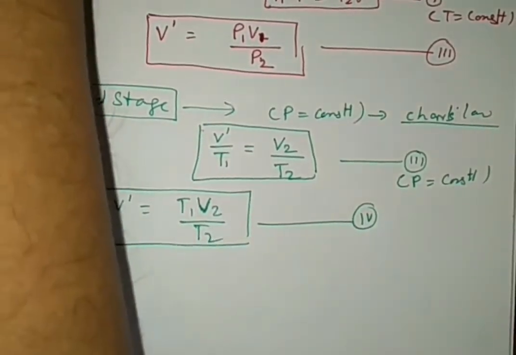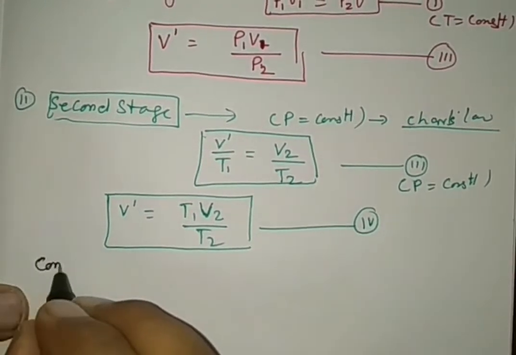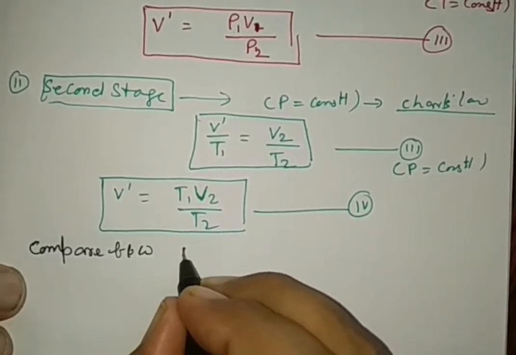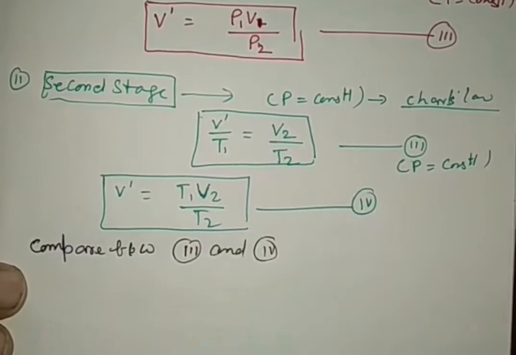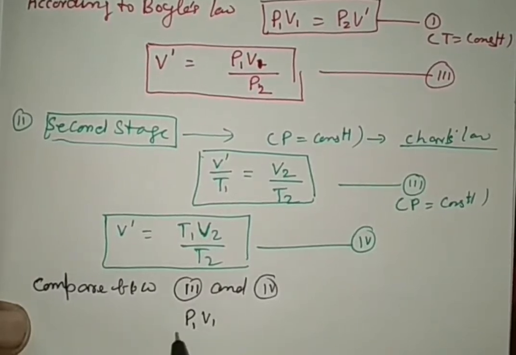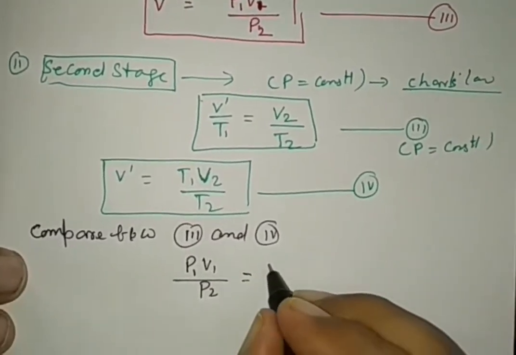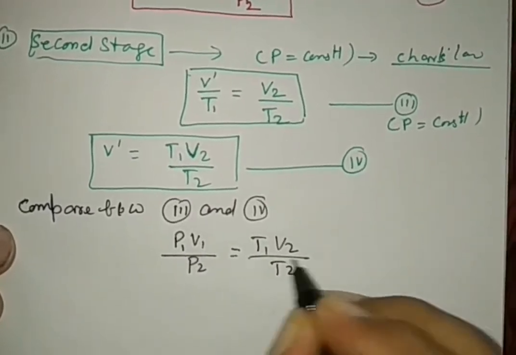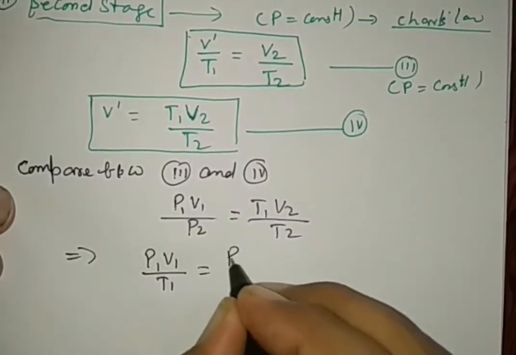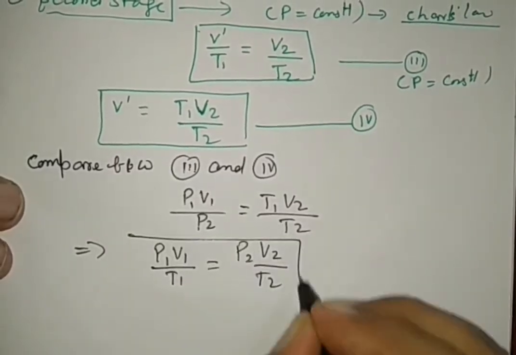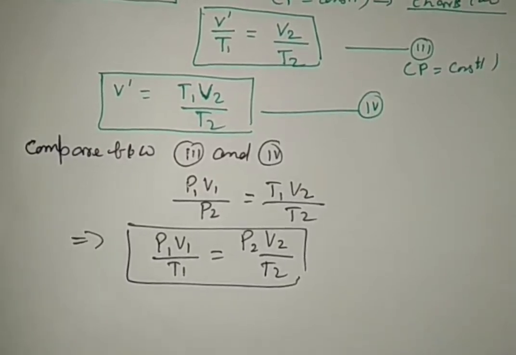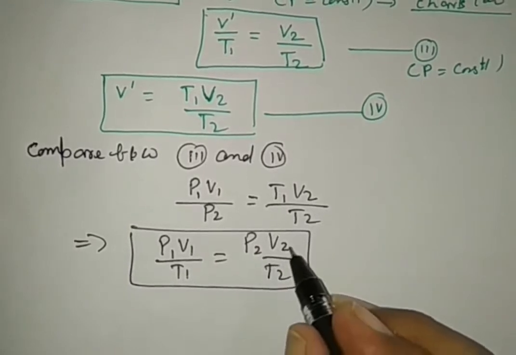Now we are going to compare equations 3 and 4. The left hand side is the same, so the right hand side is equal, that is P1 V1 upon P2 is equal to T1 V2 upon T2, or by rearranging it can be written as P1 V1 upon T1 is equal to P2 V2 upon T2.